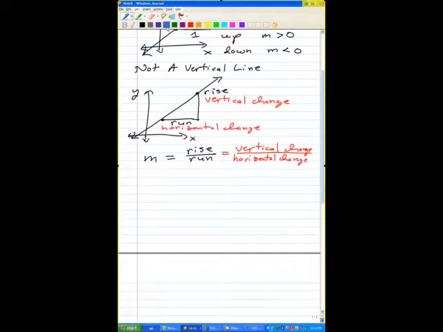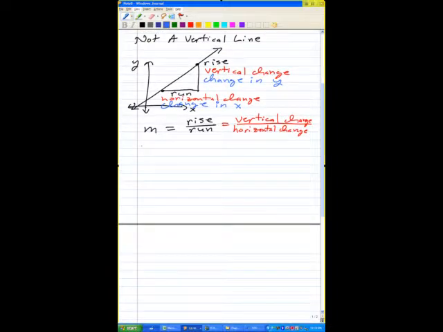It is the change in y over the change in x. It is the change in y, delta y, over the change in x, delta x.